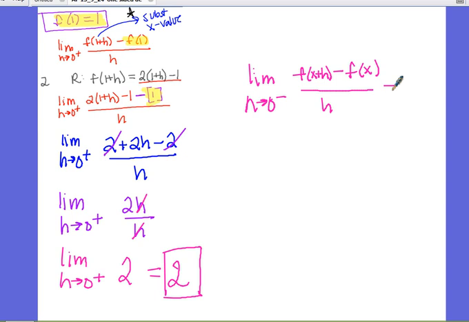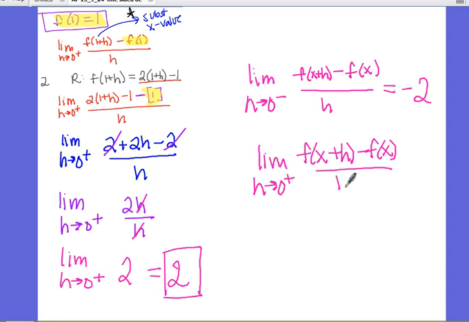So that was negative 2, but the limit as h goes to 0 from the right hand side of f of x plus h minus f of x all over h is positive 2.